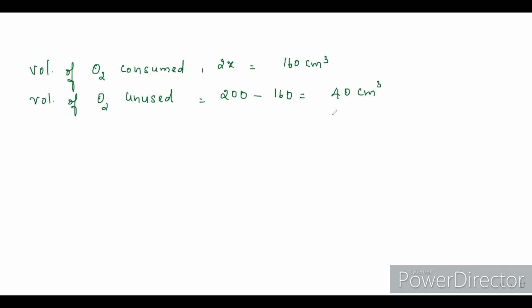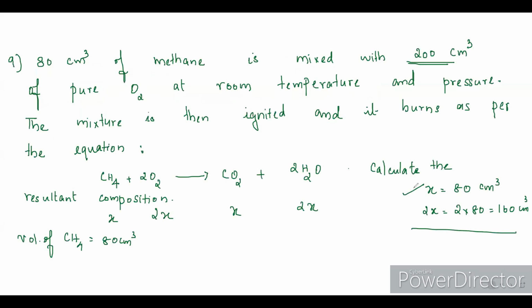Also, resultant composition is the question. So we need to calculate the volume of carbon dioxide. Volume of carbon dioxide is X, which is again equal to 80 centimeter cube. Volume of water will not be considered because it is mentioned in the question that it is cooled to room temperature. Okay.